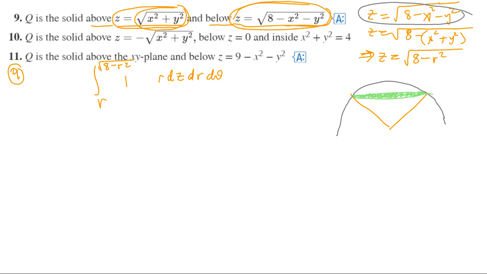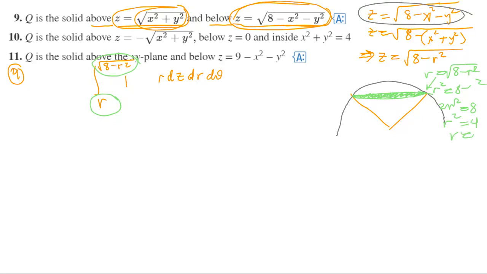How to find the intersection? You just write r and radical 8 minus r squared, just intersect them. r equals radical 8 minus r squared. r squared equals 8 minus r squared. 2r squared equals 8. r squared equals 4.